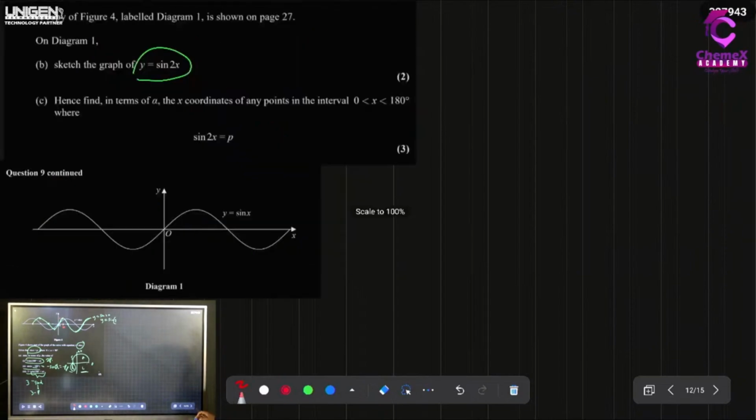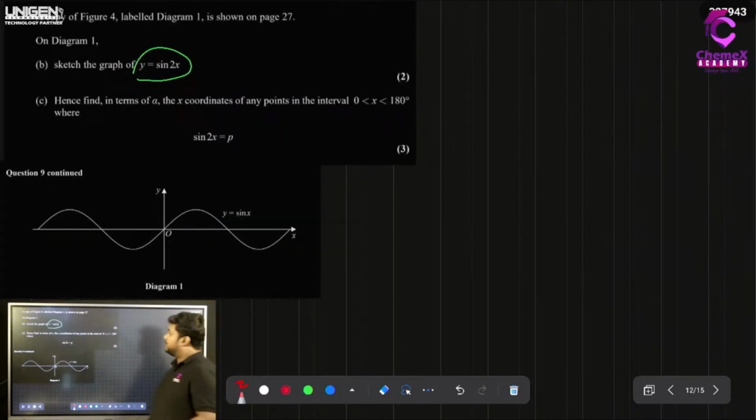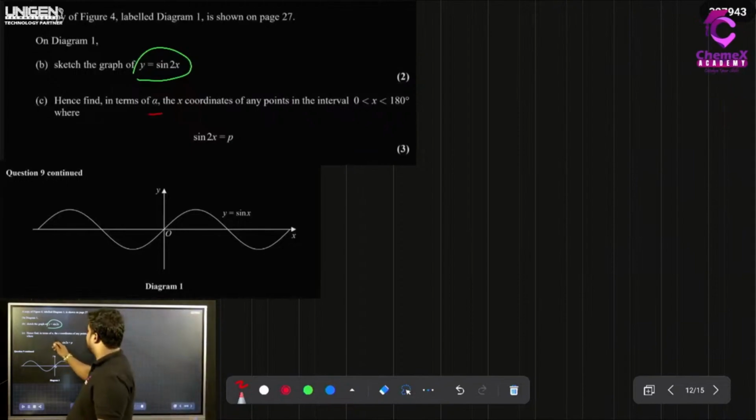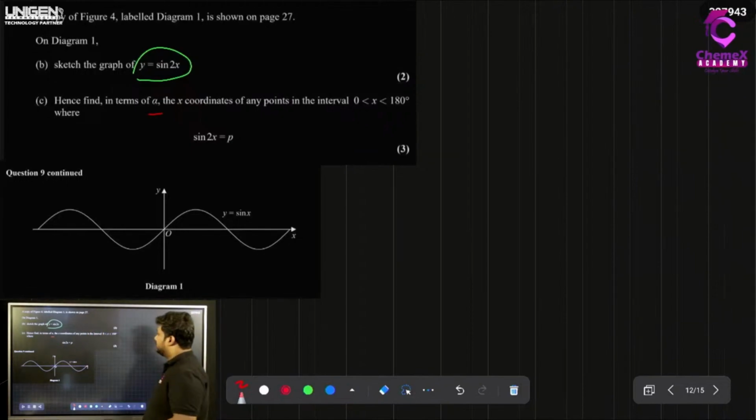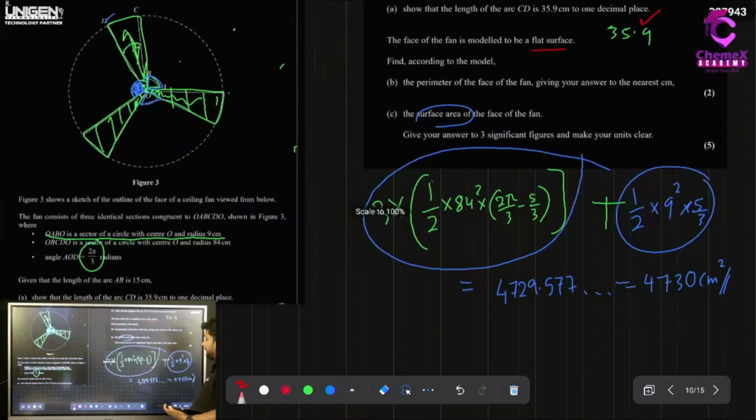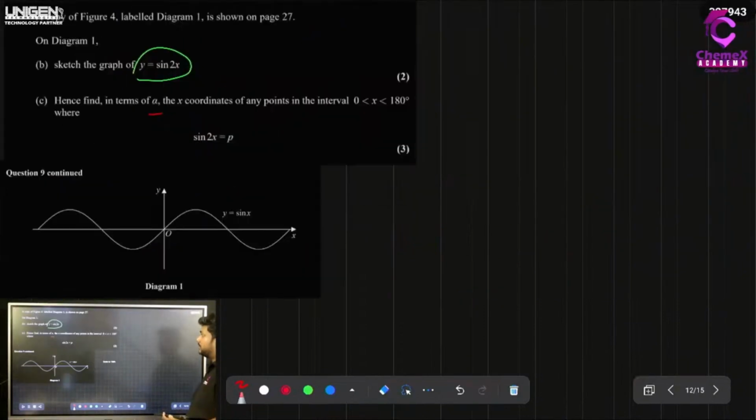Okay, hence find the alpha. x coordinate for any point, sine 2x equals p. So you know if it is 2x equals p, then what is it going to be? x is equal to alpha over 2, because we said sine alpha equals p, right?